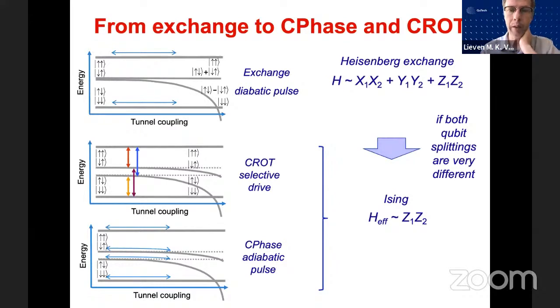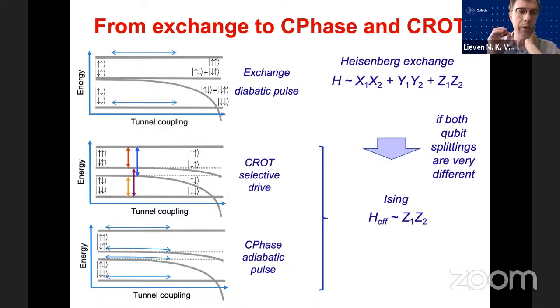Although in many experiments, the flip-flop terms in the exchange have been suppressed because of the difference in the qubit splittings. So we spoke earlier about the micromagnet leading to a different splitting of one qubit versus the other.